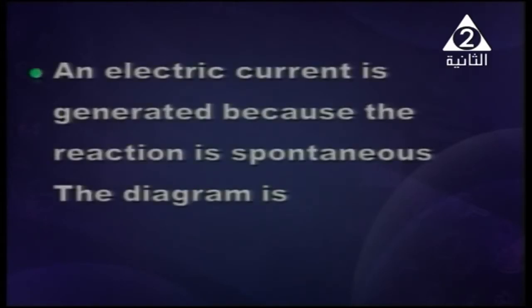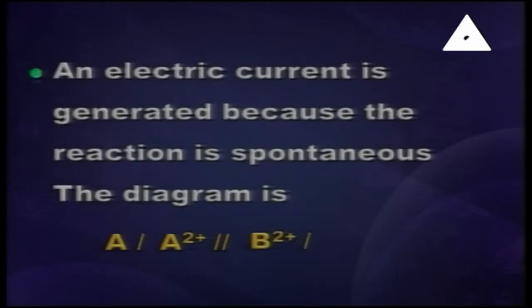This means an electric current is generated because the reaction is spontaneous, and we can represent this cell by a diagram. The diagram is A single bar, A positive 2, means A changes into A positive 2 after losing 2 electrons, and this is a reducing agent. Double bar, B positive 2, single bar, B.